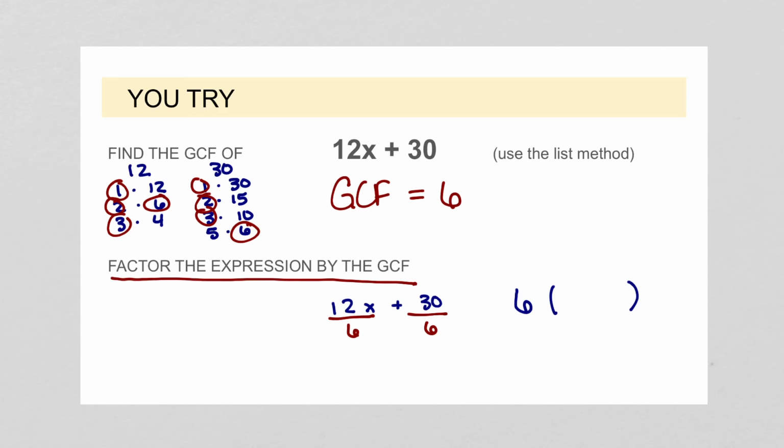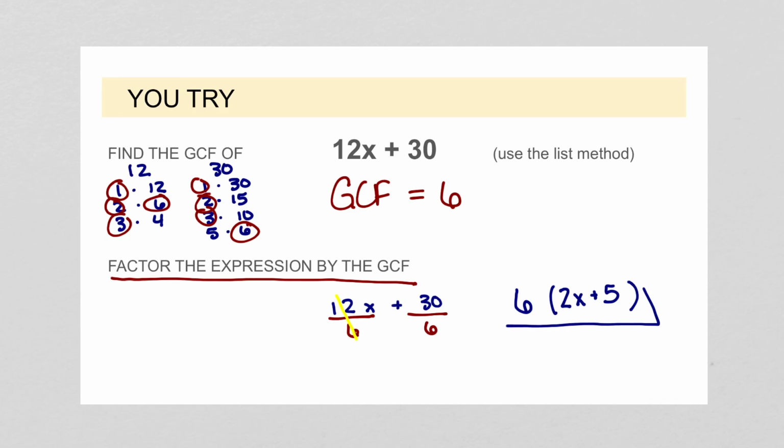Well, 12x divided by 6. 12 divided by 6 is 2, but I didn't get rid of the x. The x is still there. And then 30 divided by 6 turns into 5.